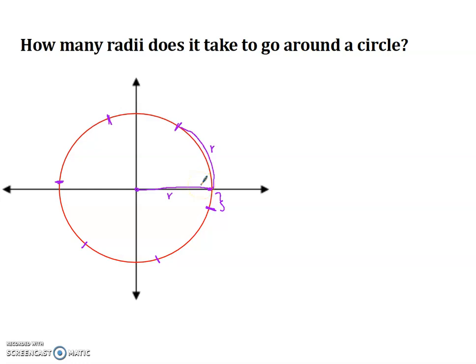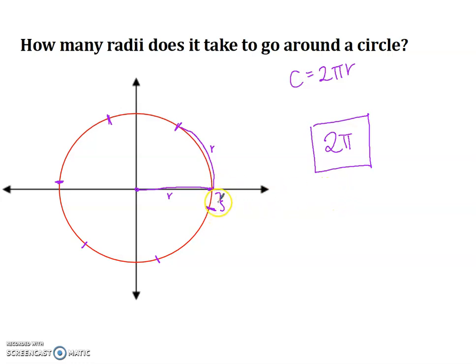Well, if I think of my circumference formula for a circle, since we're dealing with going around a circle, we know that circumference is equal to 2 pi r because it takes 2 pi radiuses to go around the circle. So when we're trying to figure out how many radii it takes to go around the circle, that is exactly 2 pi.